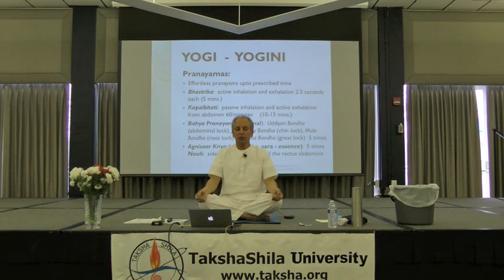Okay, the next one will be your abdominal lock with an exhalation. The technique is you'll breathe out first. You'll take a deep breath in. Completely breathe out. Suck your stomach in and hold.